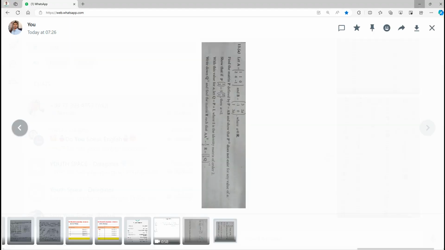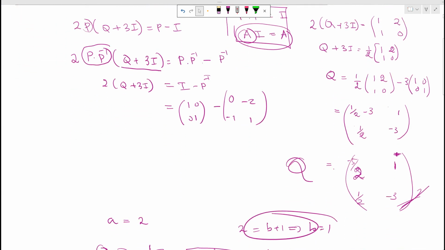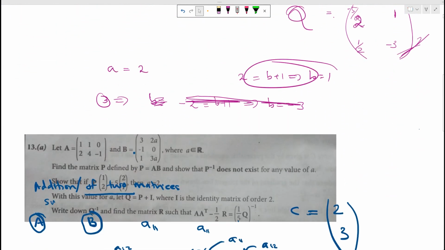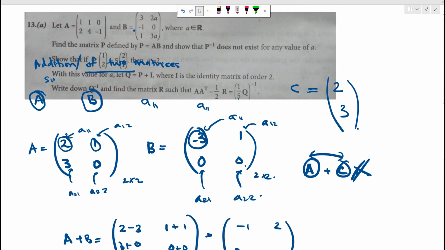Now we will move to the question that came in 2018. I will just quickly explain this question.